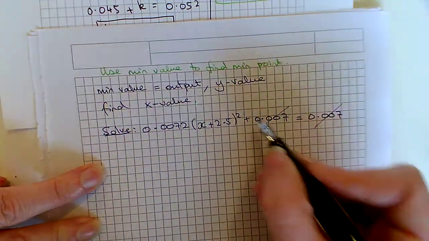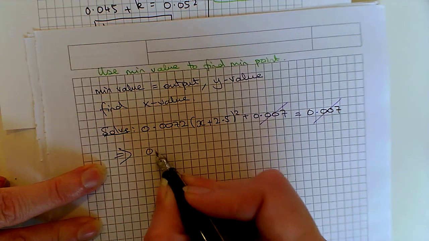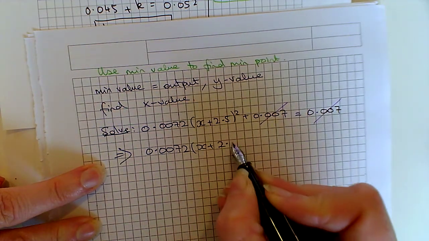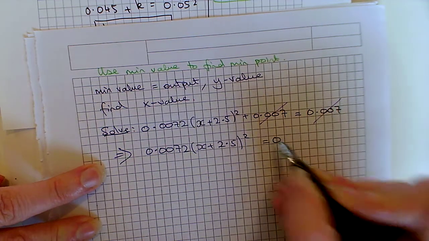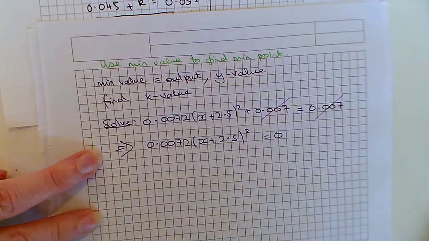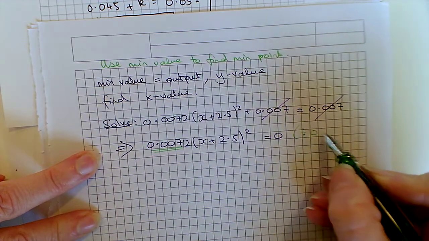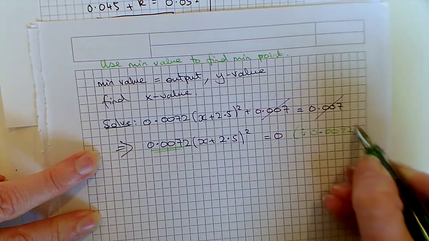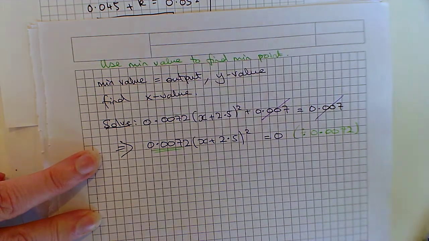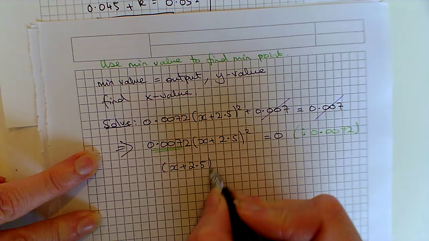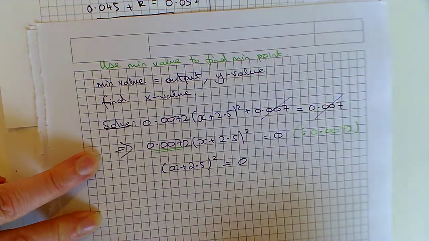We brought this over to this side. So that means we've got 0.0072 x plus 2.5 all squared equal to 0. And now I can divide by this, so divide by that bit that's outside the brackets. And because it's 0 on this side, when I divide across, I've got x plus 2.5 squared equal to 0.